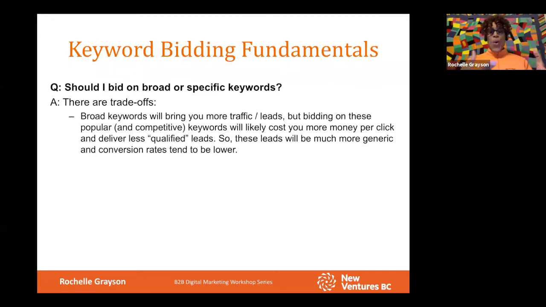So generally, while broad keywords and bigger, more generic terms will bring you more traffic, those leads will generally be a little bit less qualified. And what we see is that the conversion rate, so people who actually purchase or perform your desired actions, will go down, because you're getting more people, but they're more general people, and not everyone is perhaps looking for exactly what it is you have to offer.